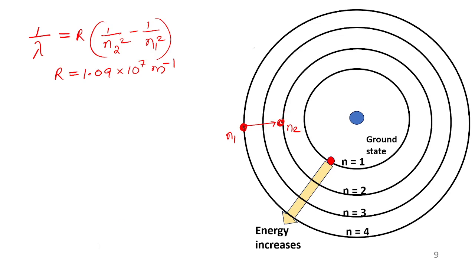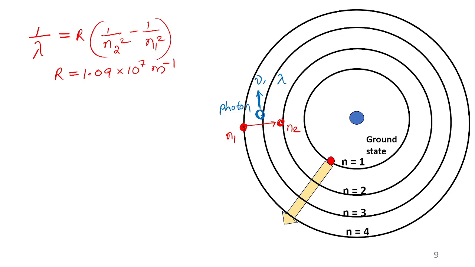A photon will be emitted. The photon will have not only frequency, it will have wavelength also. The photon is radiation, and the radiation has not only frequency but also wavelength.